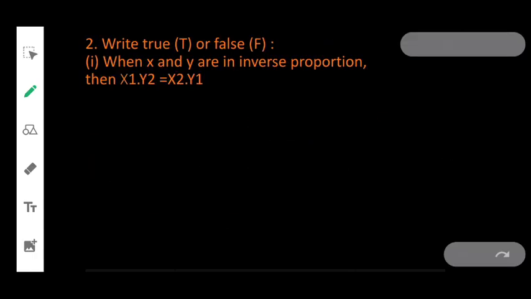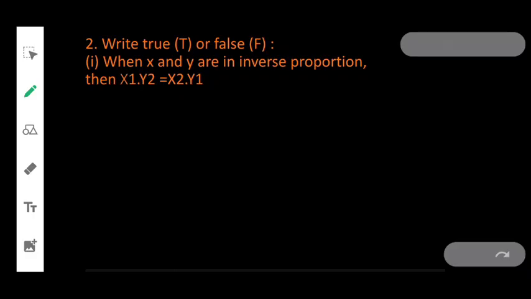Then write true or false. When x and y are in inverse proportion, then x1 into y2 equals x2 into y1.